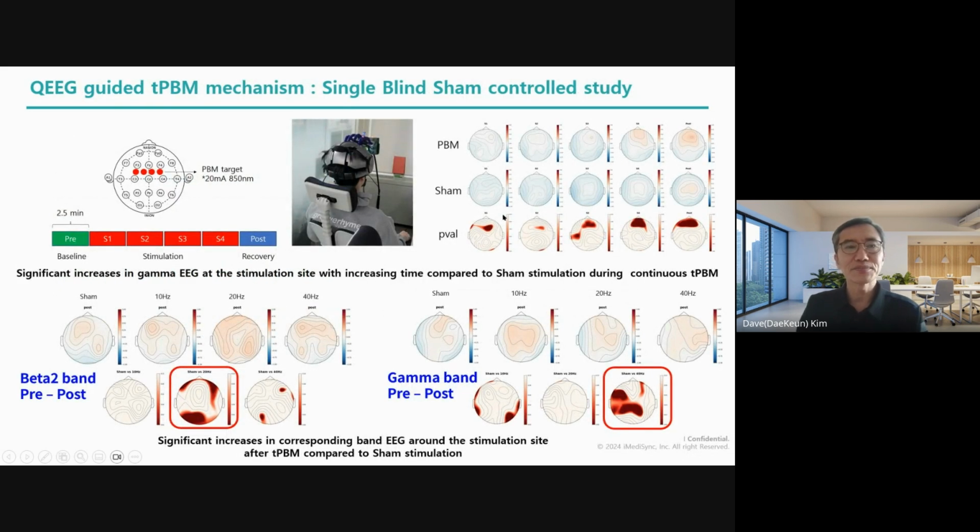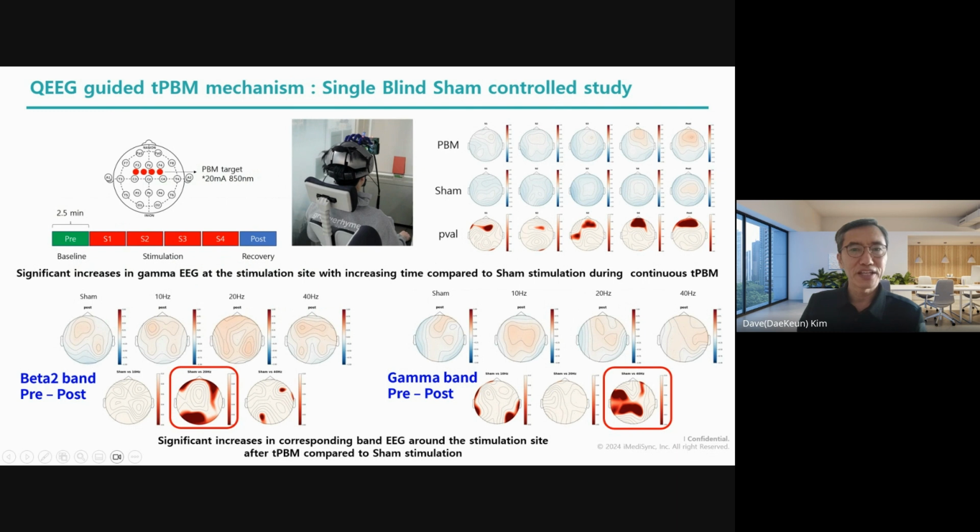This is the study of our photobiomodulation. The above is the continuous stimulation, below is the frequency stimulation. The basic setting of the experiment is to compare the real-time EEG changes during the stimulation.